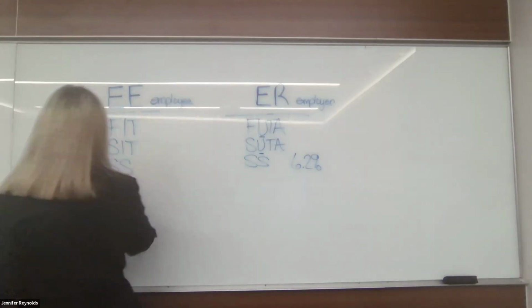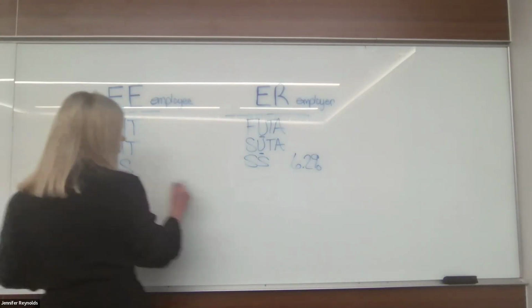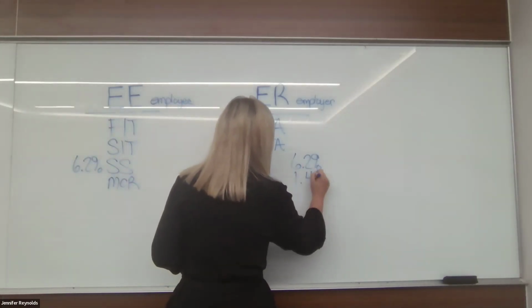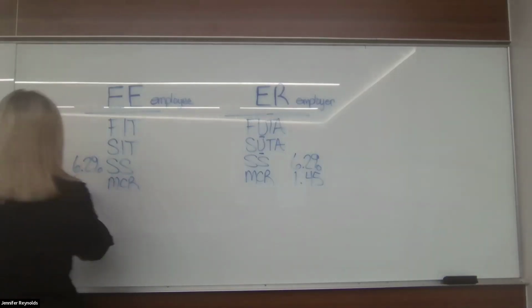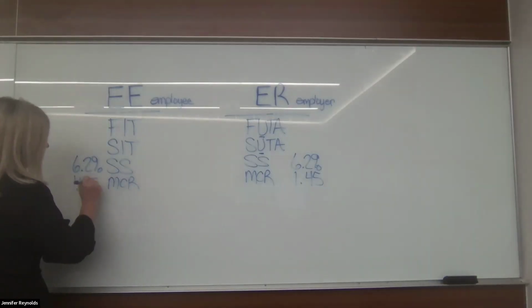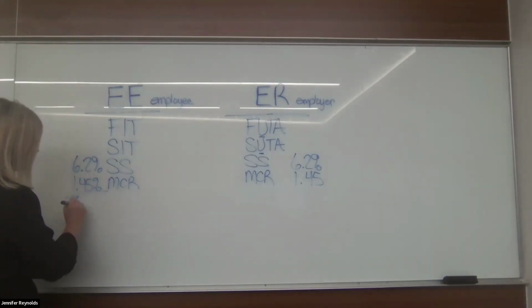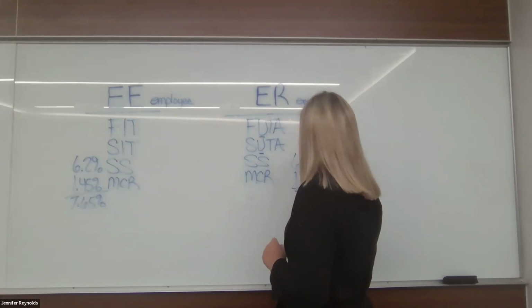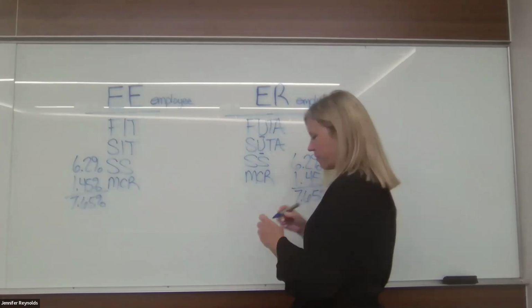And then there's something called Medicare. I'll abbreviate that as well. And notice I'm writing Medicare on both sides. You don't need to memorize these percentages, but it's 1.45% each. So both the employee and the employer contribute 7.65%.